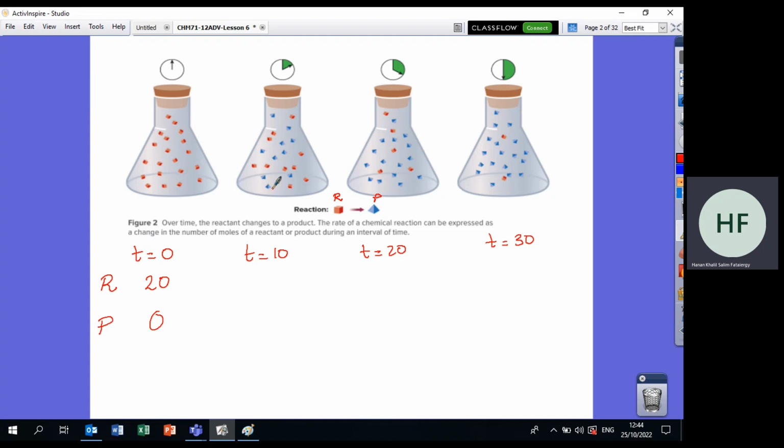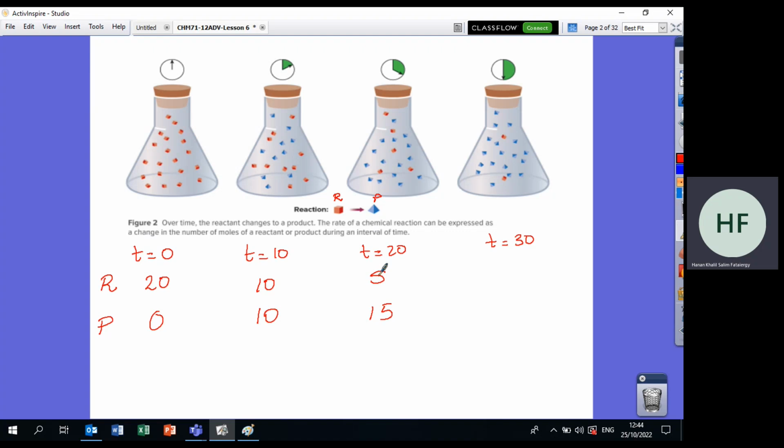Okay, now let's come to this image. Now what's happening to the red? The red is becoming 2, 4, 6, 8, 10, and the blue are 10. Now what happened to the reactants? The reactants are decreasing and the products are increasing. Now let's see this image. The reds are 5 and the blues are 15.